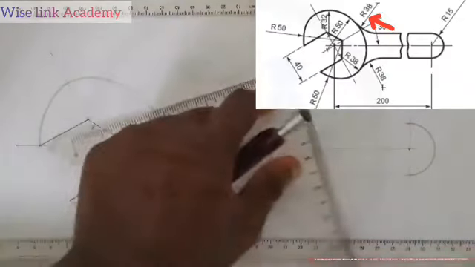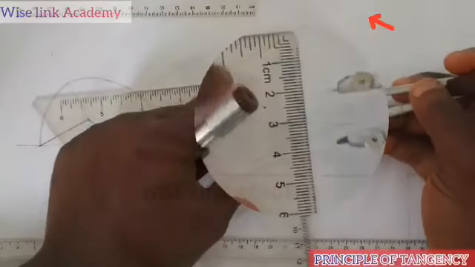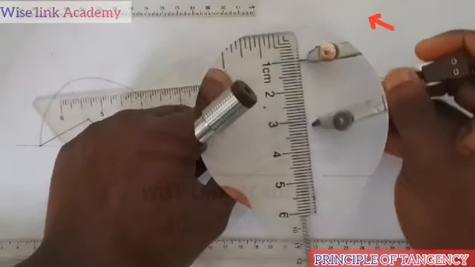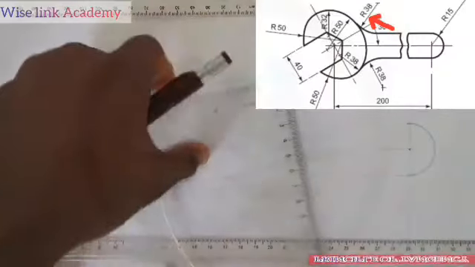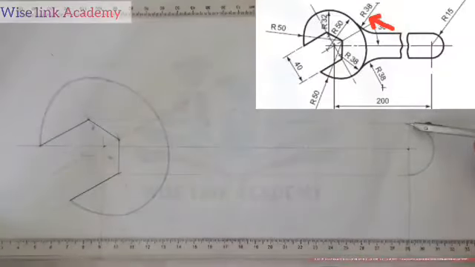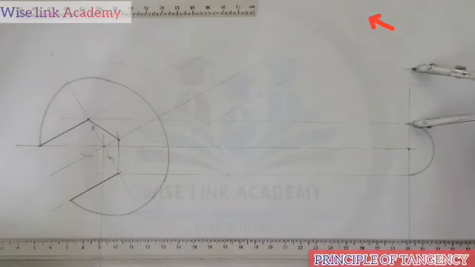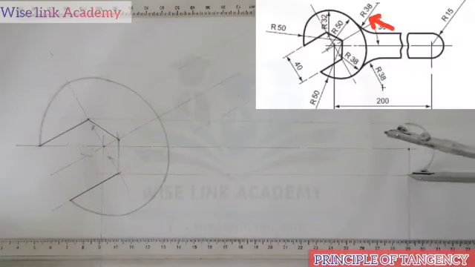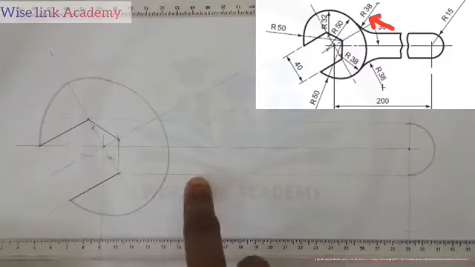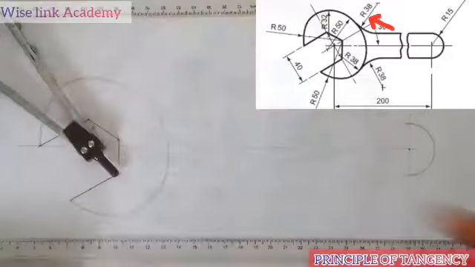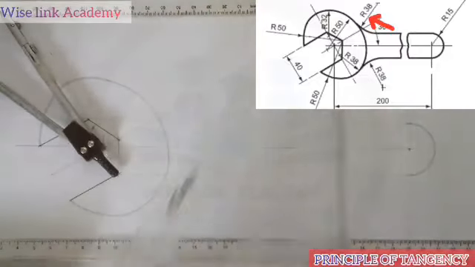From this point here, the meter rule, from this point here to this point here is 38, right? So at this point, I'll strike an arc upward. Also come down here, strike an arc downward this way. If you observe closely, the arc here too is going to be 38. So I will make sure this line touches that arc.